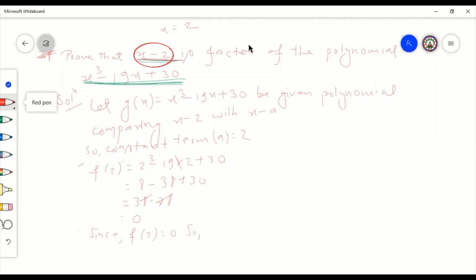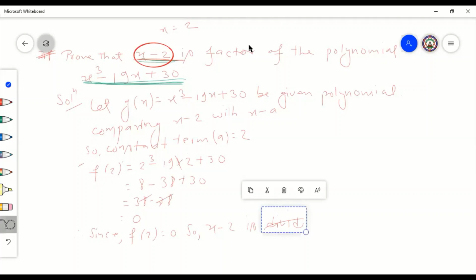So we can write x minus 2 is a factor of f(x). Yes, guys.